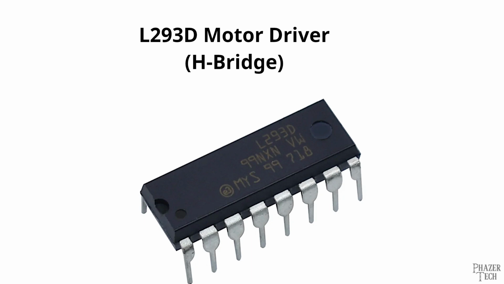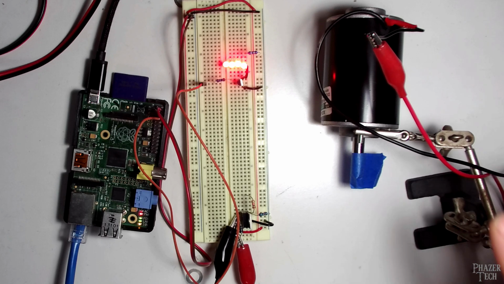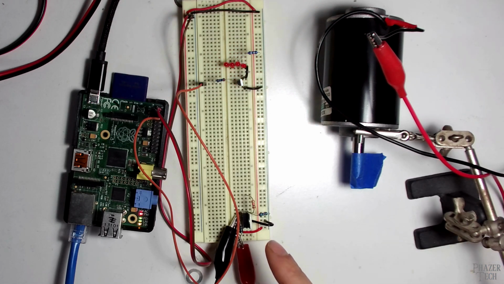It takes care of everything, has protection diodes, and all you need to do is connect the motor to it, connect your power supply, and connect the control pins. Using an H bridge is the ideal way to control a motor. And I'll probably be doing another video sometime in the future on H bridges. But for now, this is a very simple example. You can only turn the motor in one direction with this.